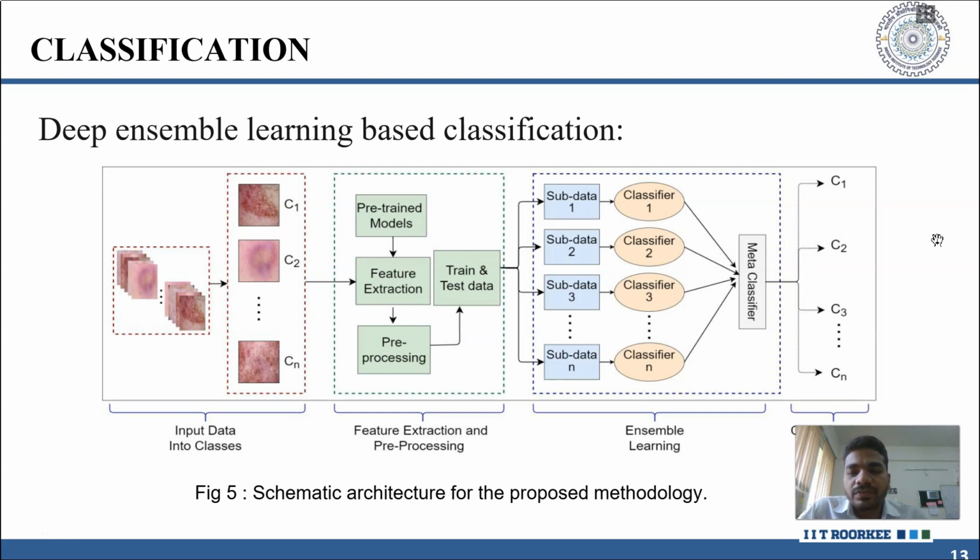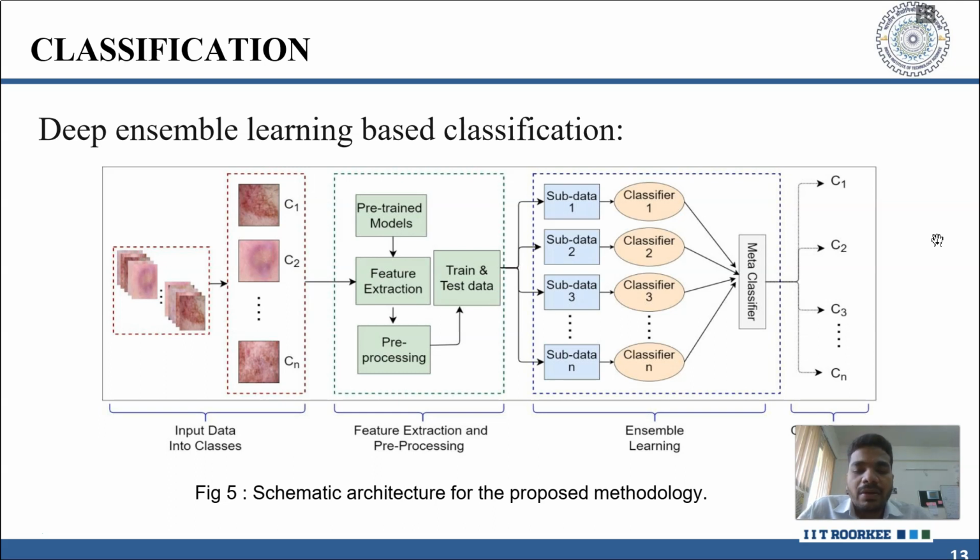Input data we collected is divided into different classes, in case of binary classification or multi-class classification. And then coming to the next stage, feature extraction and pre-processing. Here we use pre-trained models and apply feature extraction and pre-processing, and the data is divided into train, test and validation.